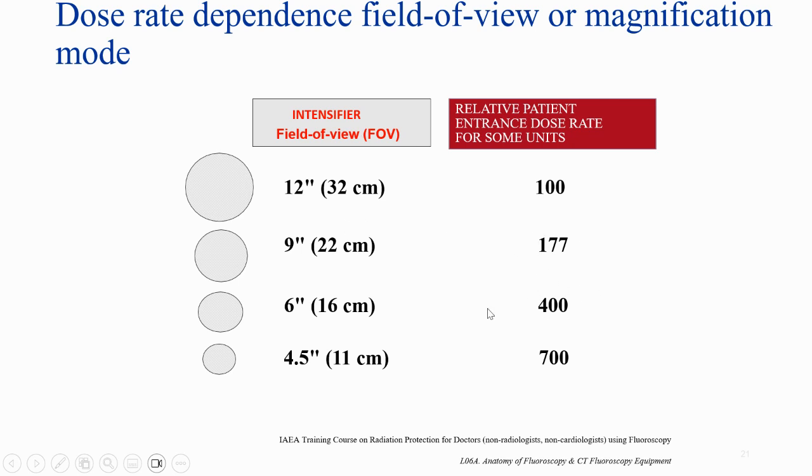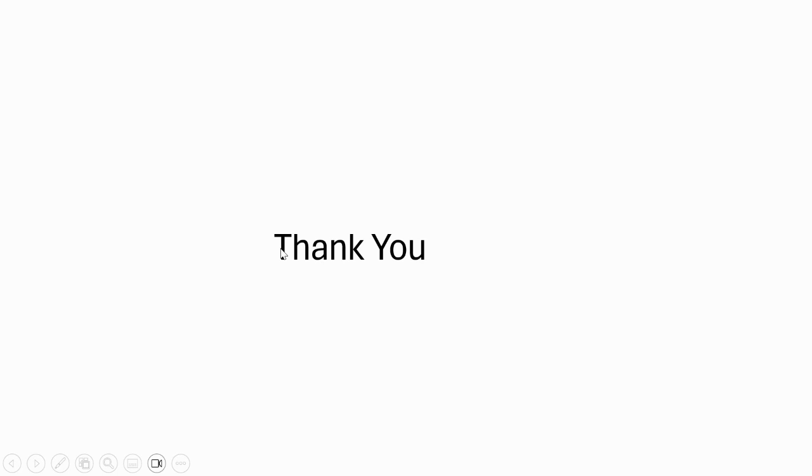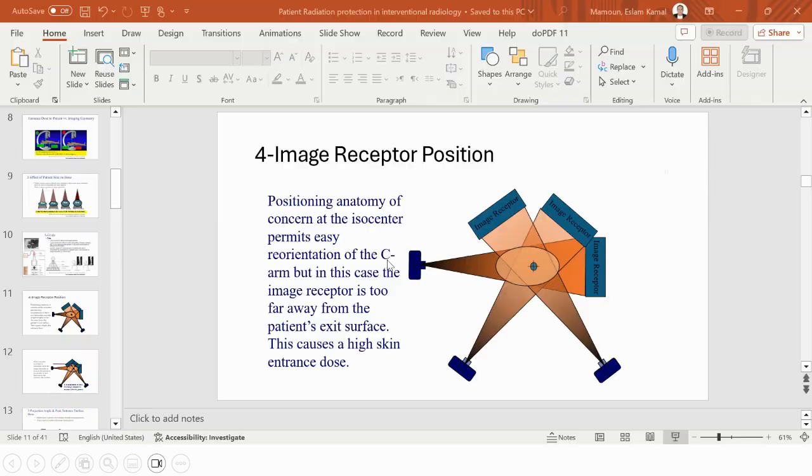Then 22 centimeters, 16 centimeters, and 11 centimeters give increasing dose rates. Why did this happen? Because reducing the field of view causes less brightness, since fewer photons are received by the image receptor, which causes less brightness in the image. That's why the automatic brightness control tries to compensate for the loss in brightness by increasing the patient dose. Thank you so much.